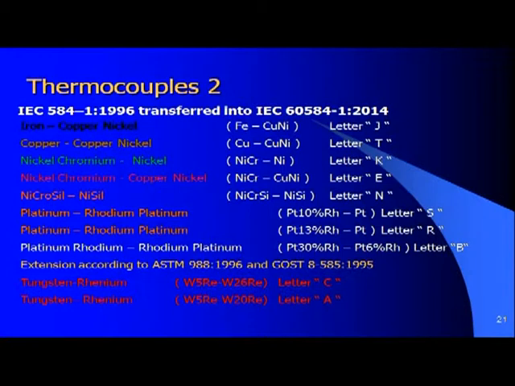The non-noble metal and the noble metal types are named in the ASTM E230, and C and D are nominated in the ASTM 988, and the A is nominated in GOST 8585.